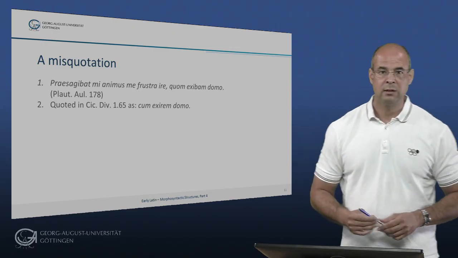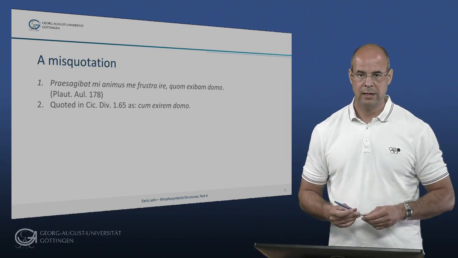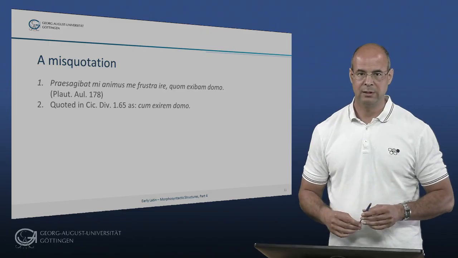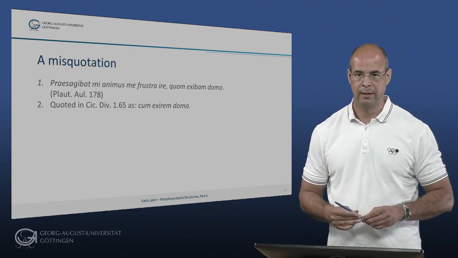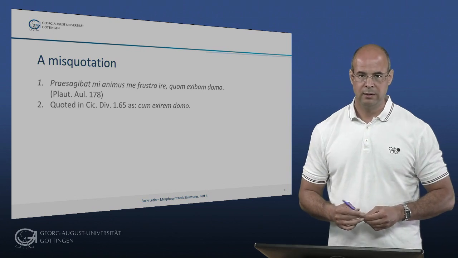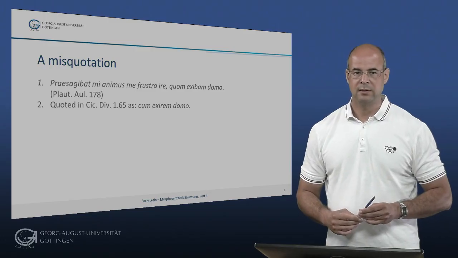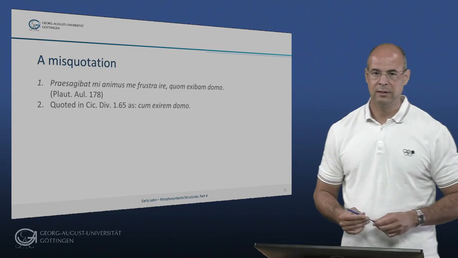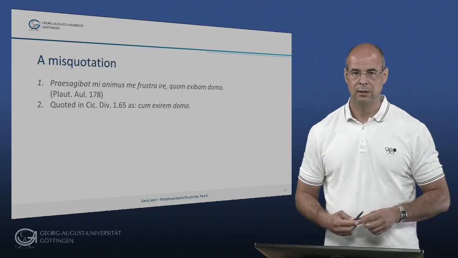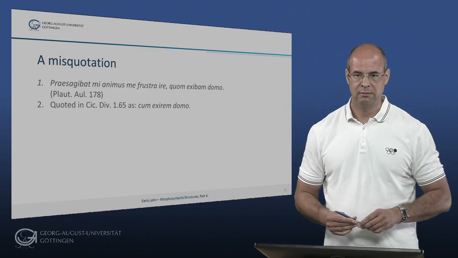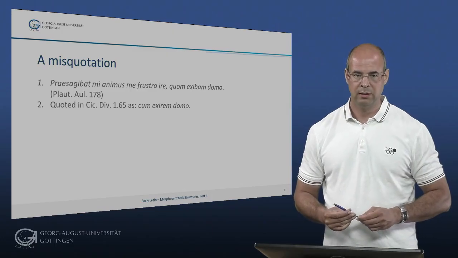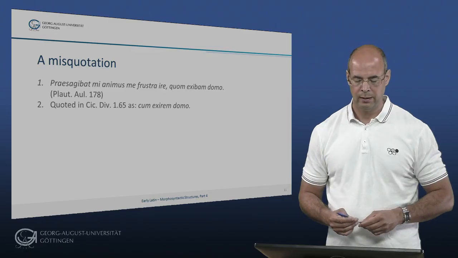Well, obviously, one single subordinator cannot have contradictory meanings like because and even though. Essentially, the basic meaning of cum is temporal, and it means when. In classical Latin, you use a subjunctive to indicate there is a further meaning, and it's up to the audience to figure out what that meaning may be from a broader context.